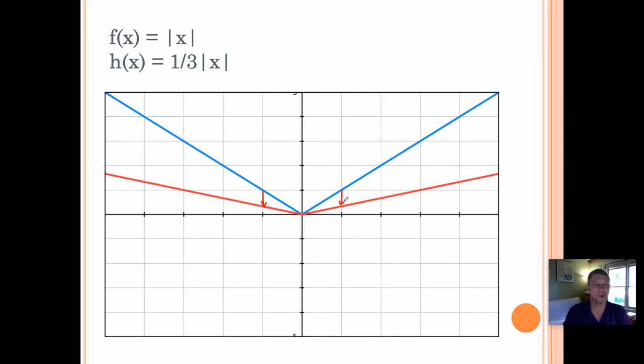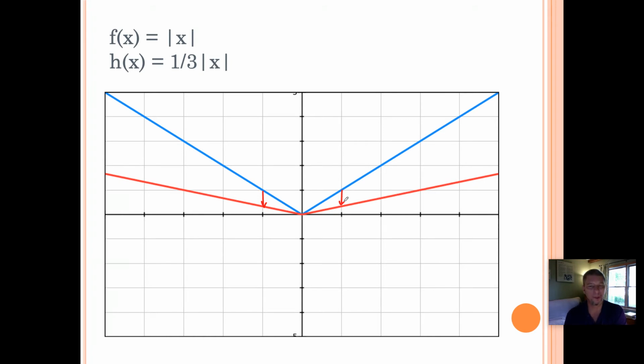All right. So in the previous example, 3 times the absolute value of x was a vertical stretch. Here, I've got a vertical shrink. Now, it doesn't mean that the entire picture gets teeny tiny or very big. It can mean that it just looks a little bit different. So don't be fooled by those terms, stretches or shrinks.